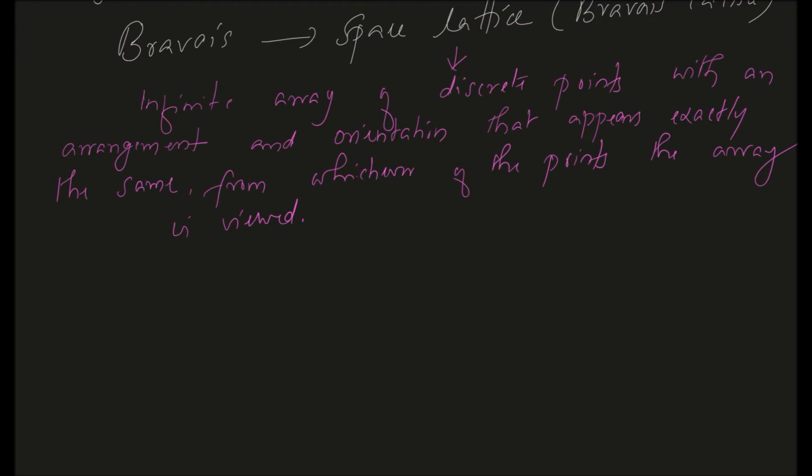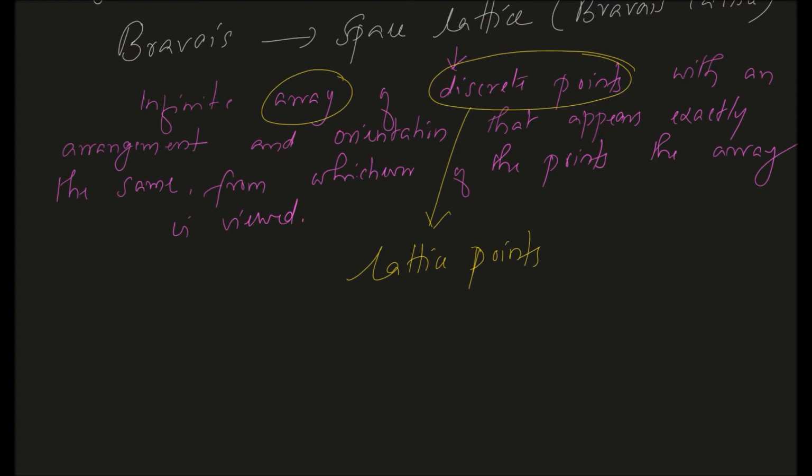So such points in space are called the lattice points. Basically it's an arrangement of points, an array of discrete points. Each of these points is called a lattice point, and all such points form a space lattice.